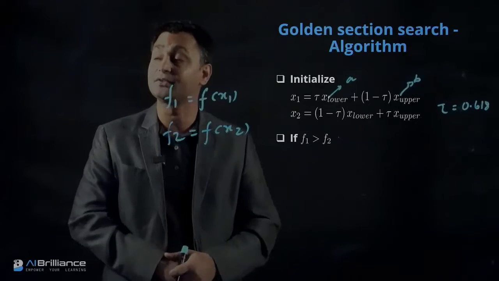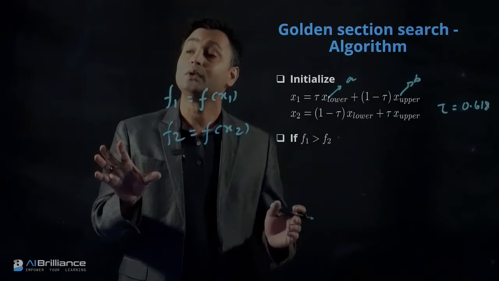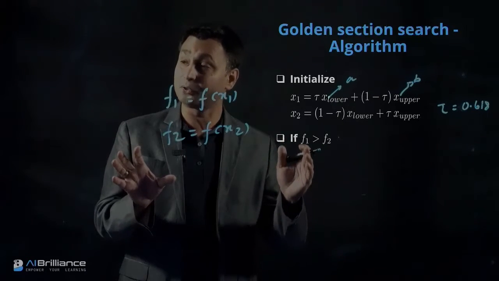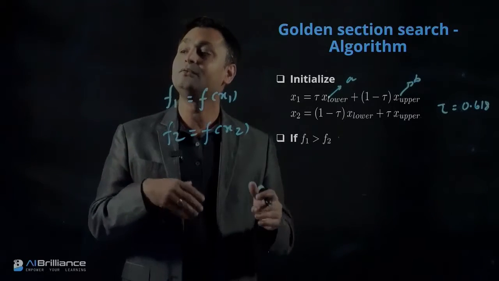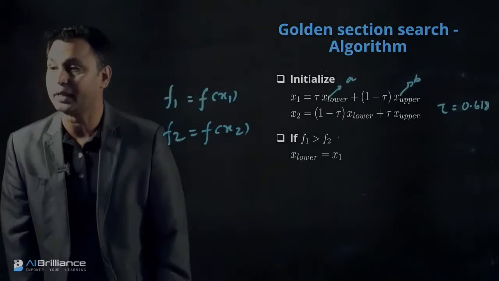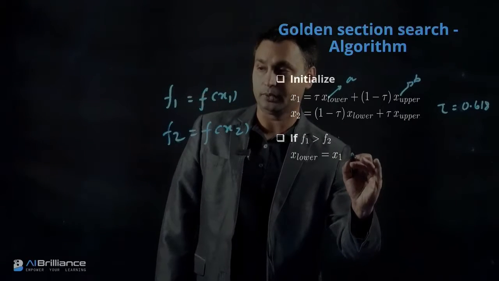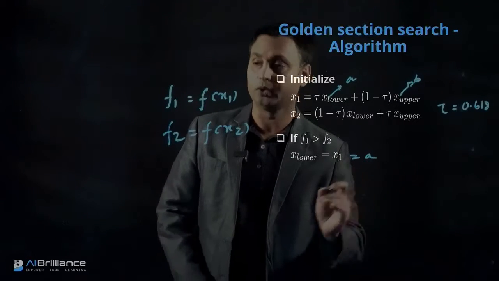So if that is the case, we know that we need to eliminate the left portion, and then we need to make the current x1 equal to A, and then find a new value of x2. Those are the equations that we write here. We know that x1 is equal to A, or x lower.